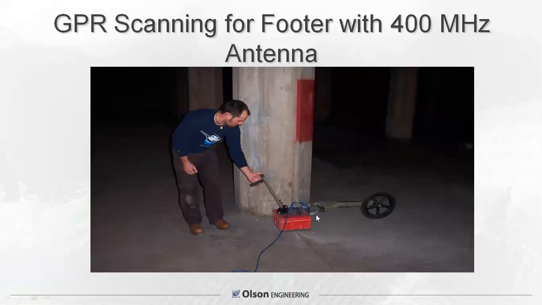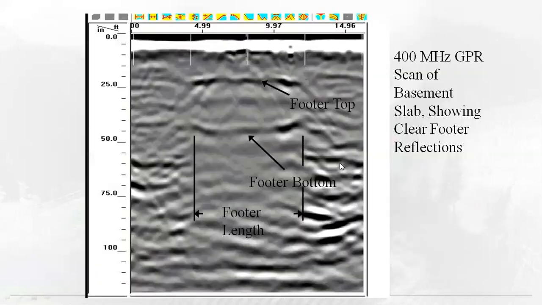So we used a 400 megahertz antenna wheeling across the floor with a distance wheel and collected long scan lines past a whole bunch of these columns all in the same scan. This is a part of one scan, and you can see that at about 2 feet deep, 24 inches, there's a reflector showing the top of the footer.